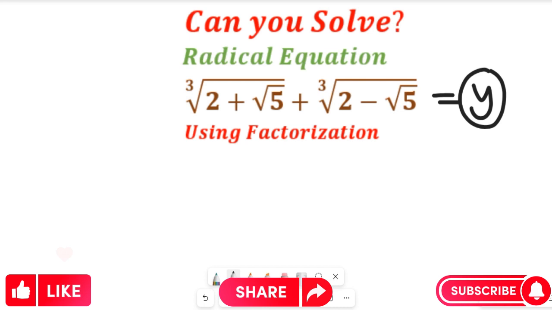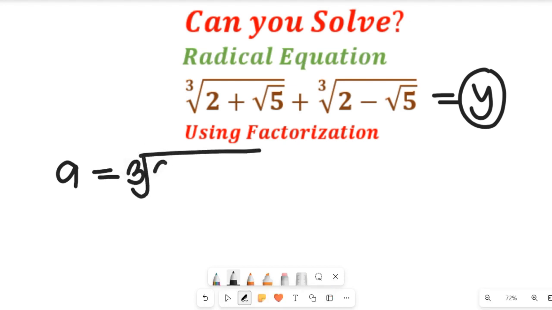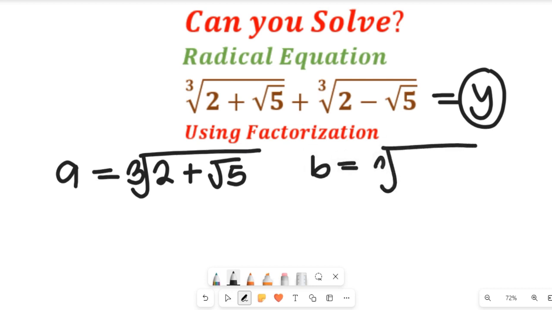The first point I want to think about is to assume that a is equal to the first radical, which is the cube root of 2 plus root 5. And I'll assume that b is equal to the second radical, which is the cube root of 2 minus the square root of 5.